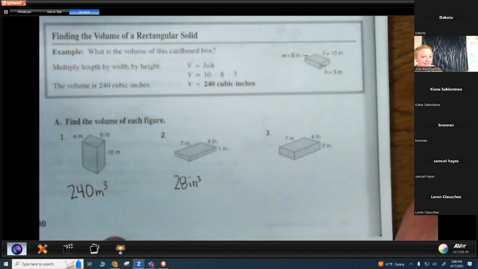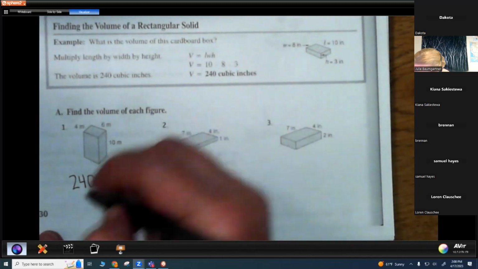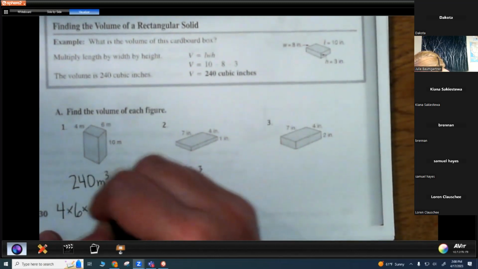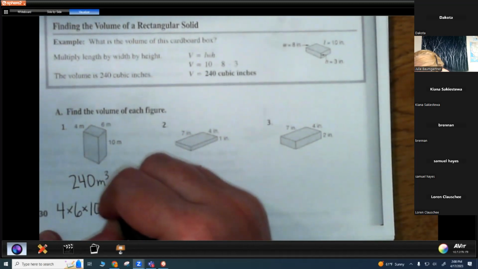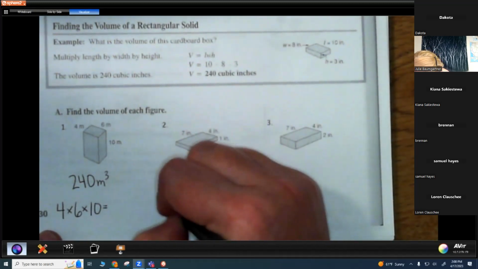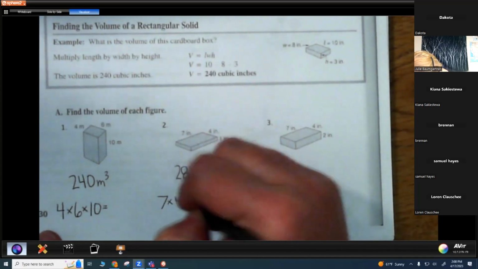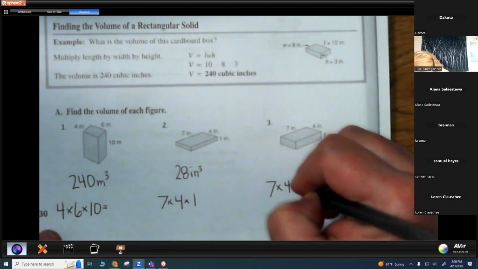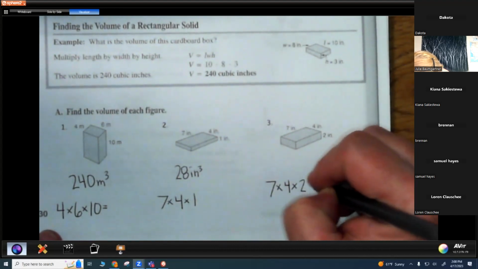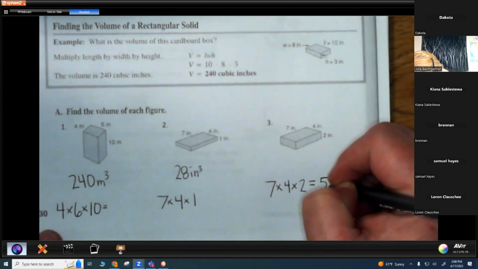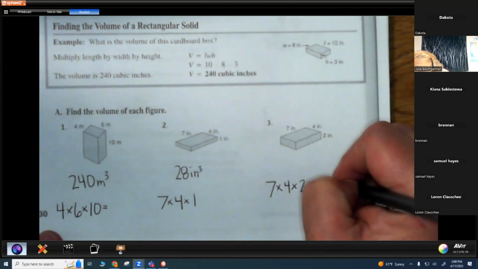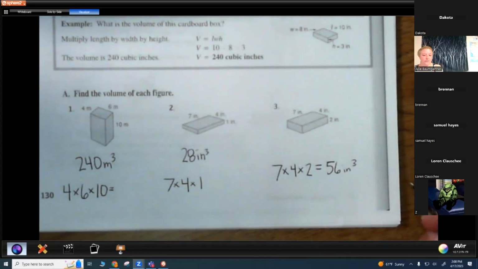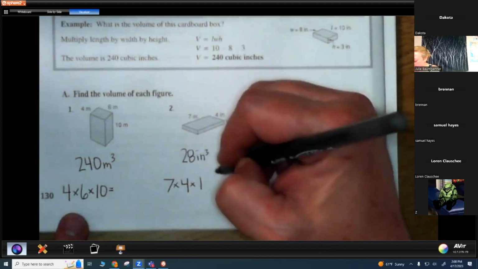Yes, sure. I'm not showing my work, is what you're saying. Length times width times height. So for number 3, I'm getting 56. Does that sound all right? Cubic inches. Hopefully that feels good for everyone.